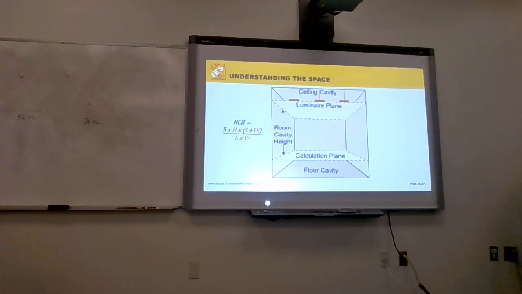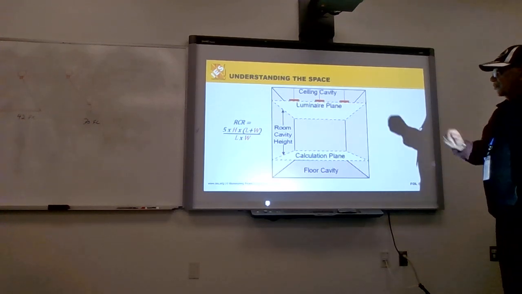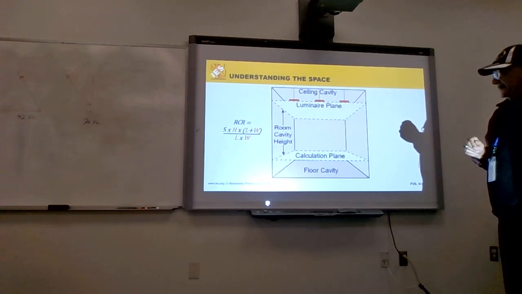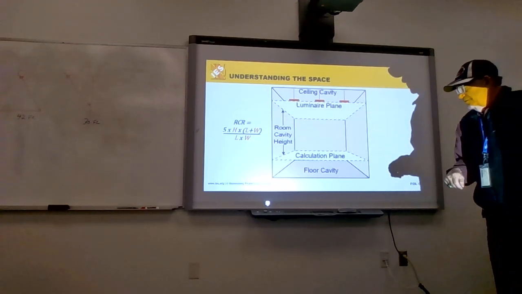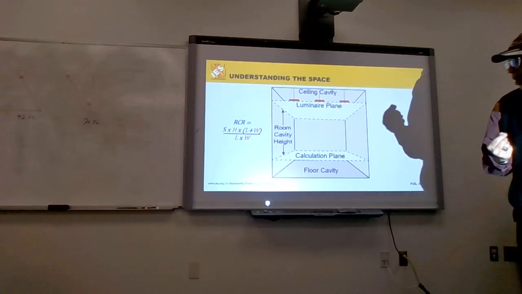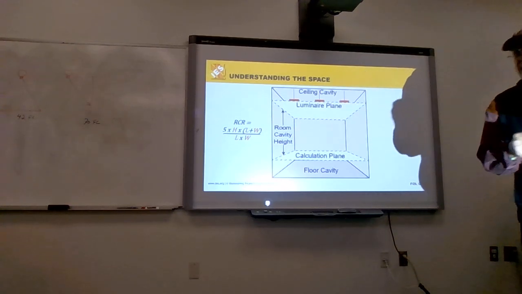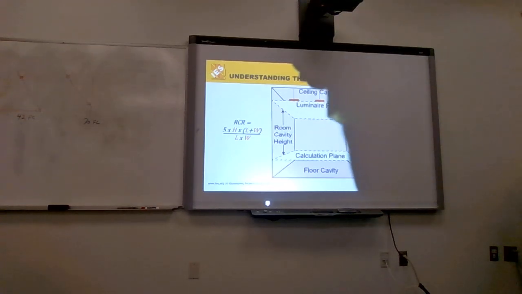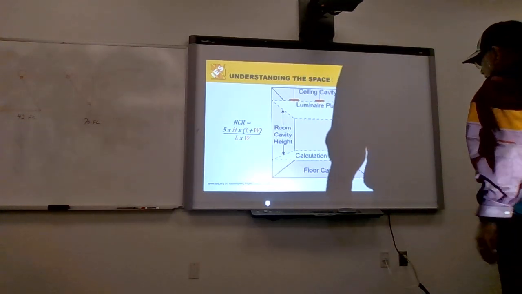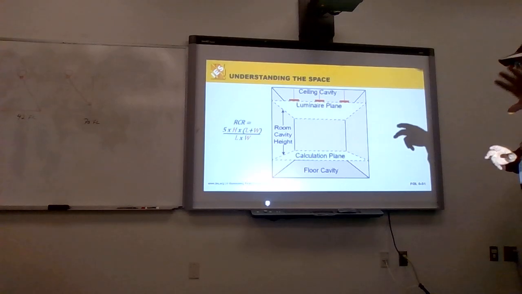Now that is the formula for the room cavity ratio. We take 5 times the height times the sum of the length plus the width, and we divide that total by the length times the width. It's all in front of you. It's all laid out for you right there. You don't have to do a whole lot of thinking about it.